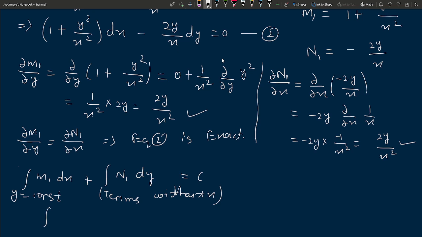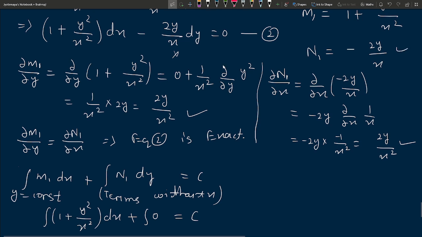So integration of (1 plus y square by x square) dx, and in n1 there is only one term and it contains x, so I will not write this term, plus integration of 0 is equal to c.